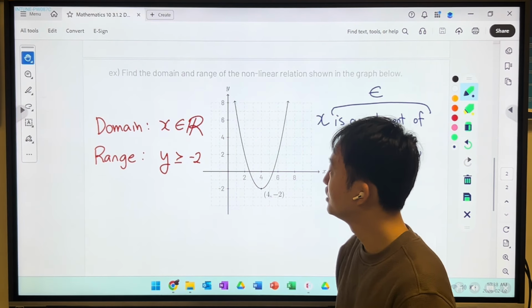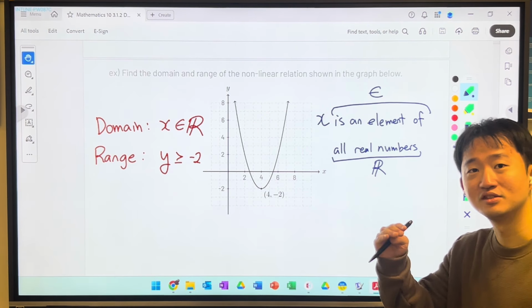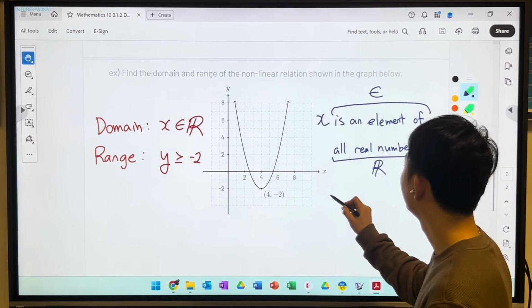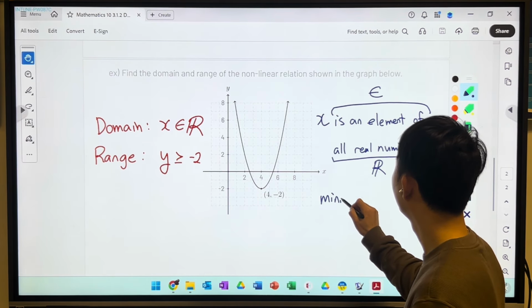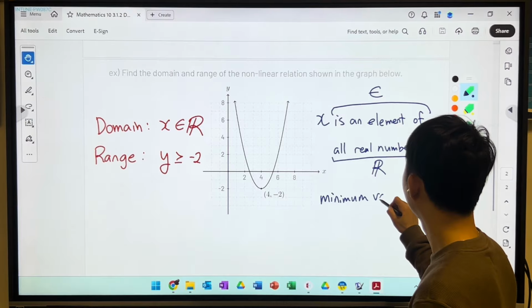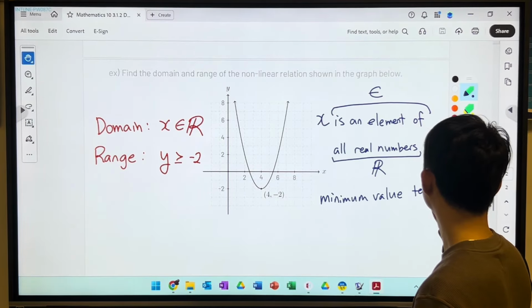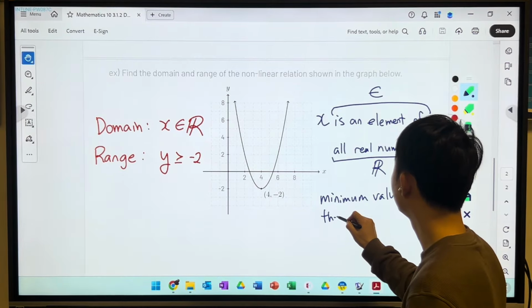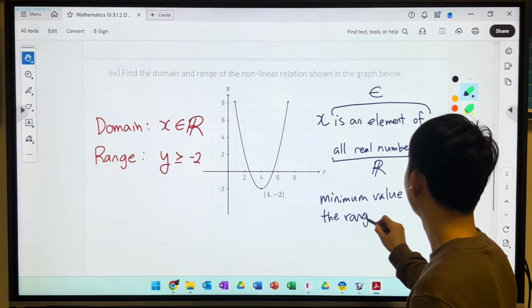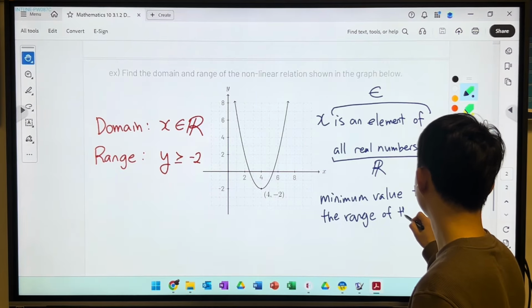And of course, for the range, we look at the graph and determine the minimum value. That tells the range of the relation.